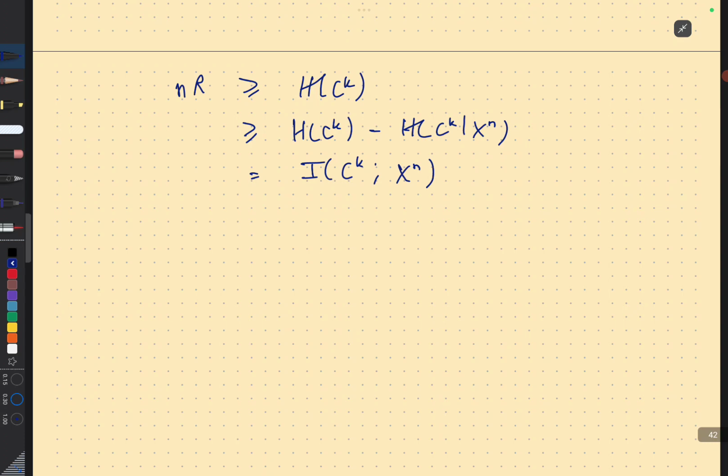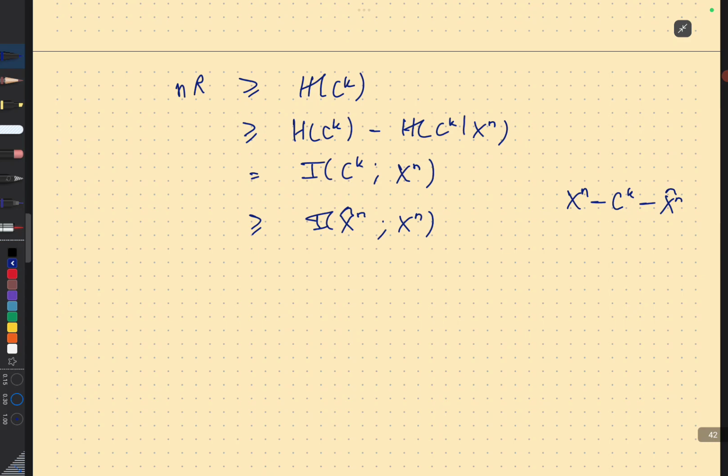Okay. So now I claim that this is greater than or equal to the mutual information between X^n hat and X^n. Can you justify this particular statement? Why can I use the data processing inequality? Yes, so remember we have X^n, which is encoded to give you C^K, and purely from C^K you decode to get X^n hat.